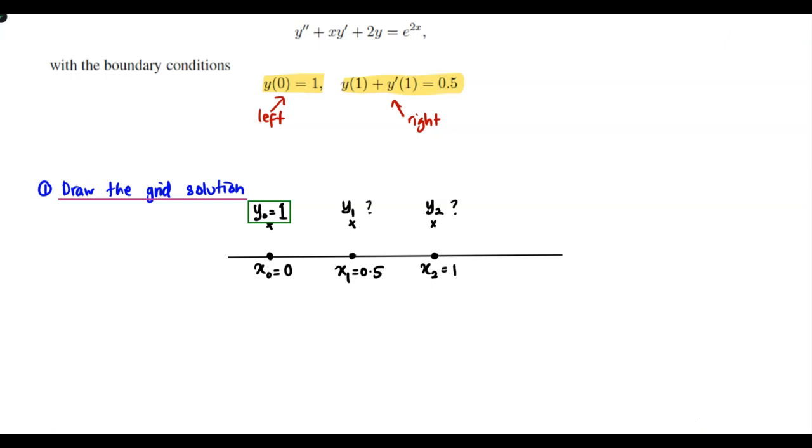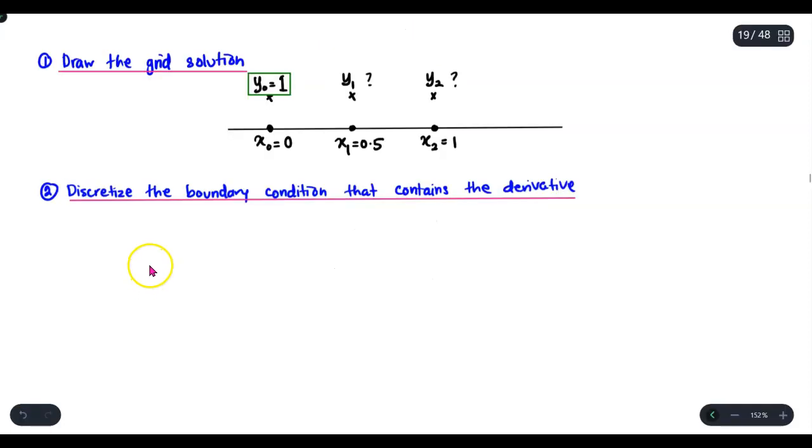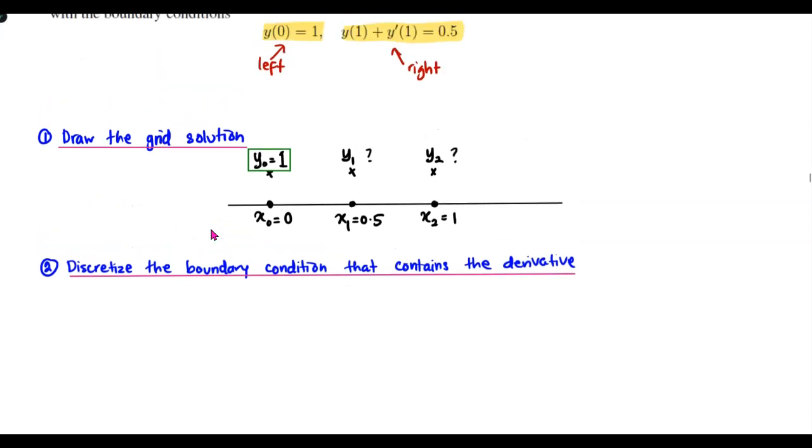That is your first step. The second step is to discretize the boundary condition that contains the derivative. You replace the derivative term in your boundary condition with the finite difference formula. You only do this at the boundary condition that contains the derivative.